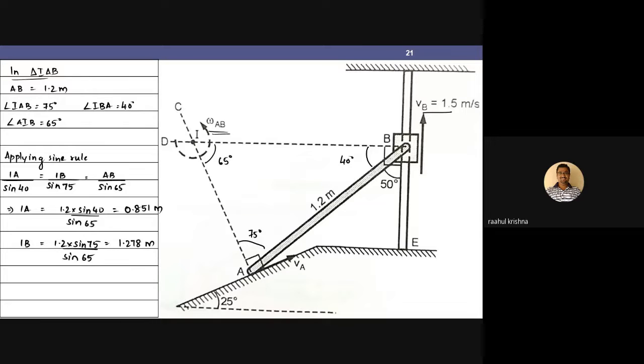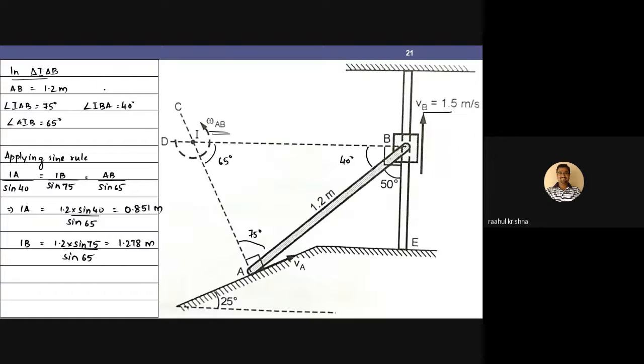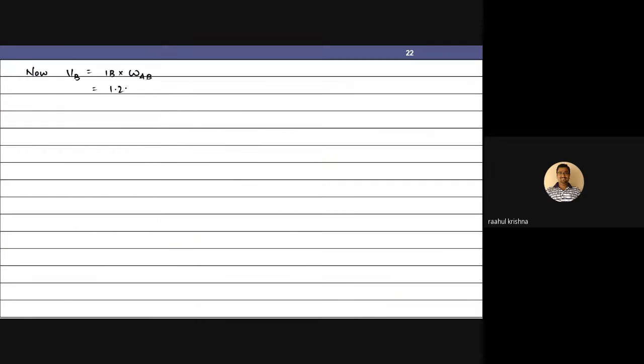I found IA as 0.851 meters. So now VB equals IB into omega AB, right? IB was 1.278 into omega AB, and the value of VB is 1.5 meters per second.